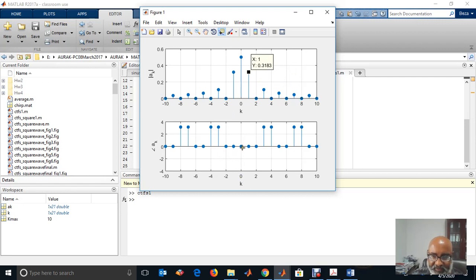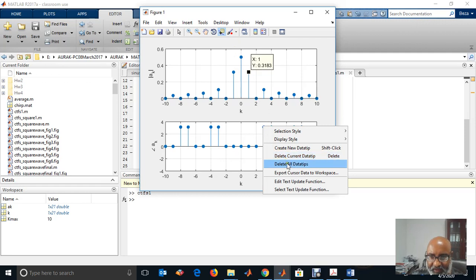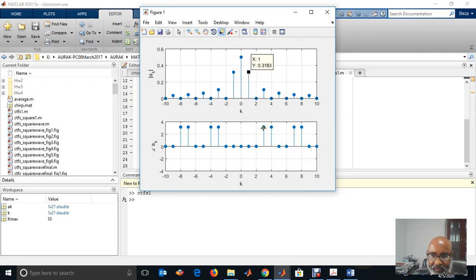The phase at 0 is 0, the phase at 1 is 0, the phase at 2 is 0, and the phase at 3 is this one. If I use the data cursor, the phase at 3 is pi. So these AKs are actually real numbers for this example: when positive, the phase will be 0, and when negative, the phase will be pi.